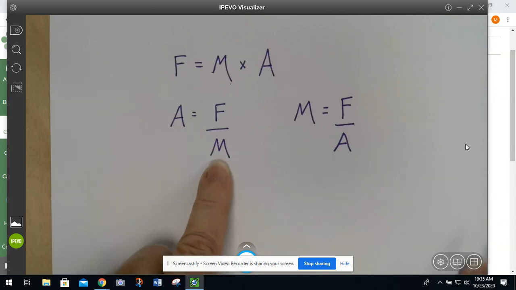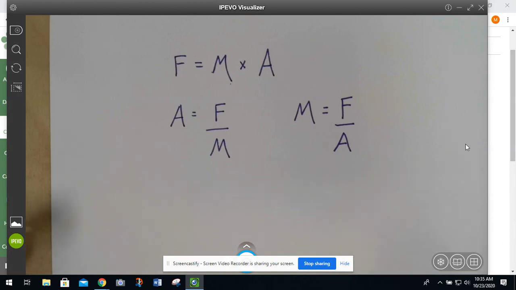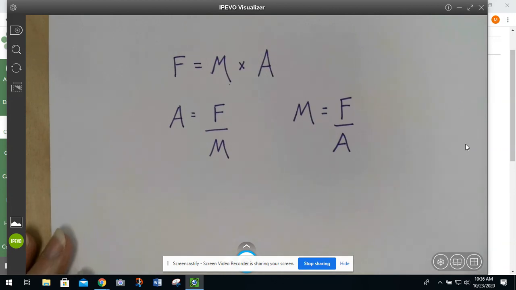If I am trying to push a box, then obviously the more force that I put on the box, the more quickly it will accelerate. But if I put the same amount of force on a much more massive box, then obviously it's not going to accelerate as much. All right, so don't make it overly hard.